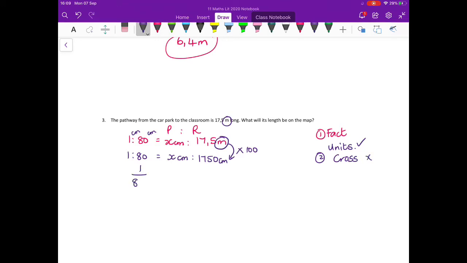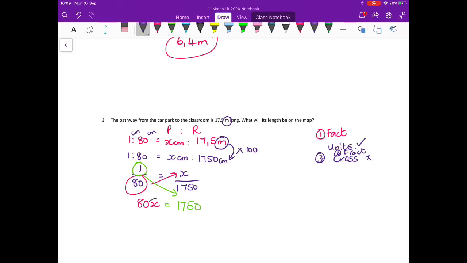Fraction form first, so 1 over 80 equals x over 750. So I had to go fraction form first, which would be number 2. Number 3, I cross multiply. I always look for my x. So I'm going to say 80 times x is 80x equals 1 times 750, which will equal 750.